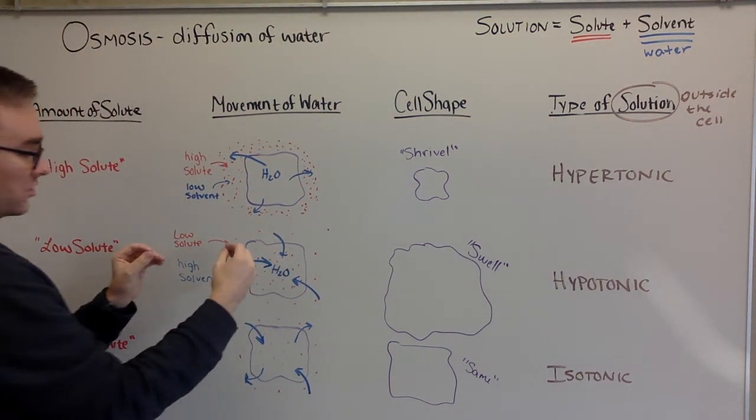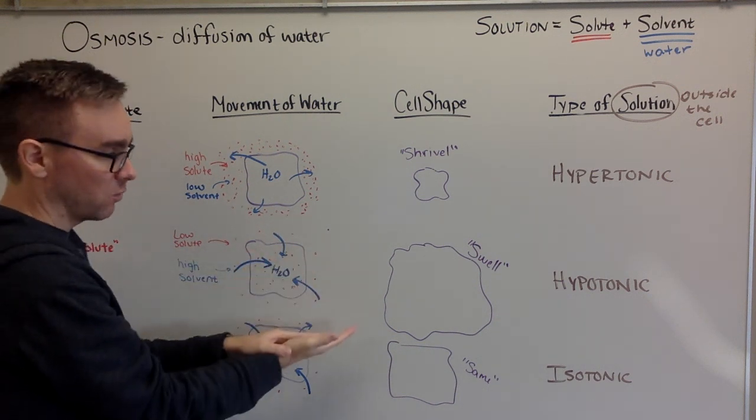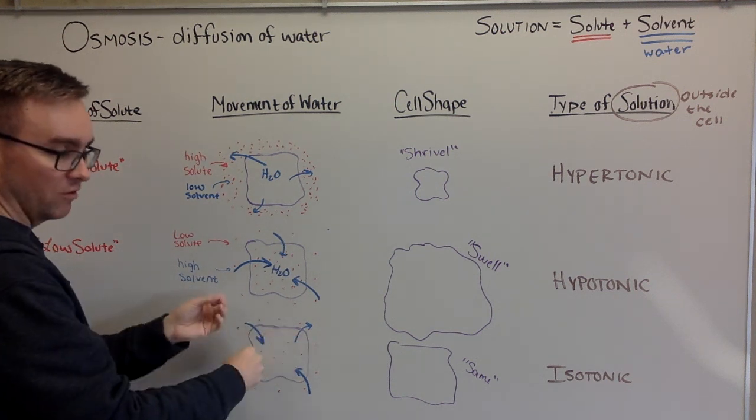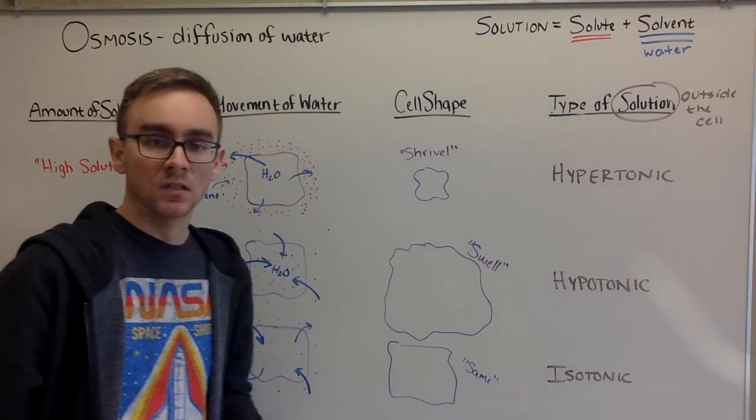If there is more solvent, more water on the outside, it's going to rush in and make it swell. And there's the equal. It's going to be an equal amount of in and out. That's called isotonic.